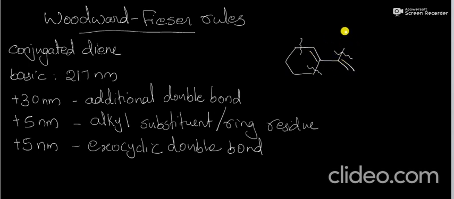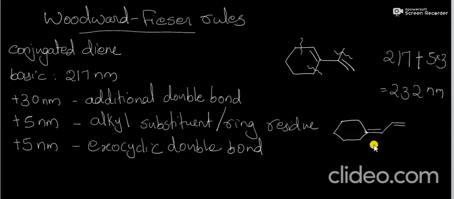So totally 3 alkyl substituents. Then what will be the lambda maximum? Basic value is 217 nanometer. 217 plus 5 into 3. That is 217 plus 15 nanometer, which is equal to 232 nanometer.